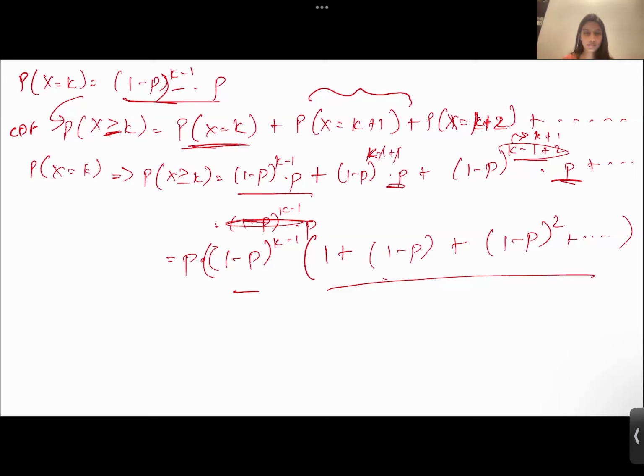So this can be rewritten as 1 by 1 minus the common ratio, 1 minus (1 − p). On solving this, you get 1 minus 1 plus p.